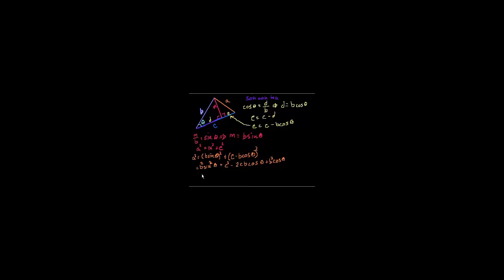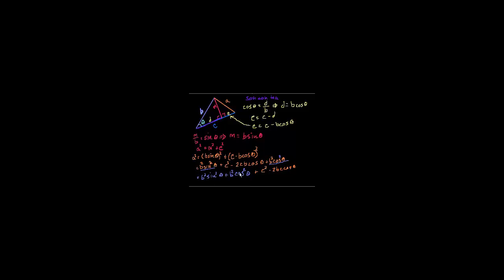And now let's see if we can do anything interesting. Well, if we take this term and this term, we get b squared sine squared of theta plus b squared cosine squared of theta, and then plus c squared minus 2bc cosine theta.